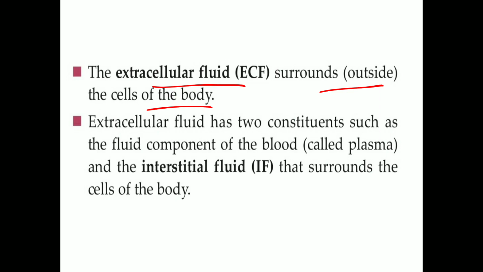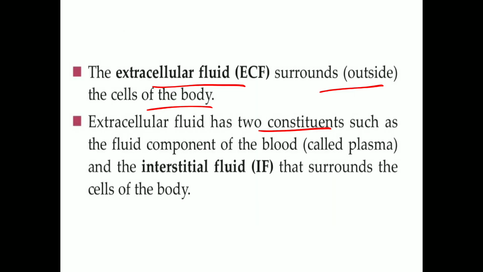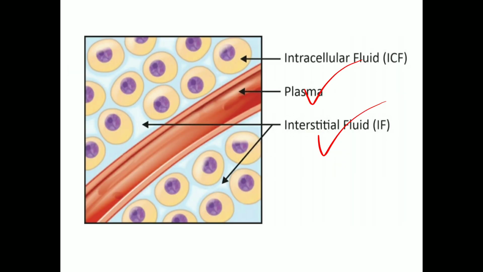Extracellular fluid has two constituents, such as blood plasma and interstitial fluid. Plasma, the fluid component of the blood, is an extracellular fluid, and interstitial fluid is the fluid between the cells, between the tissues.